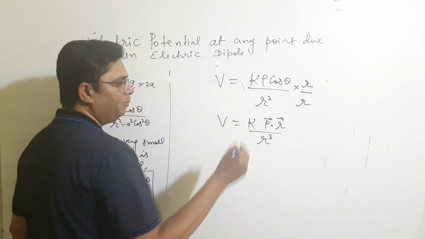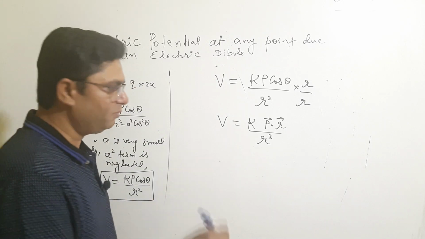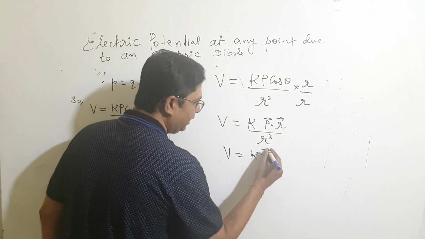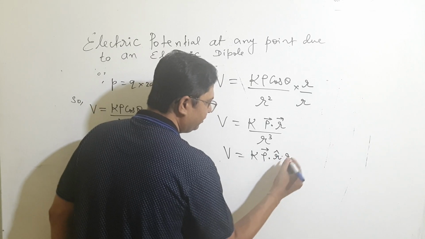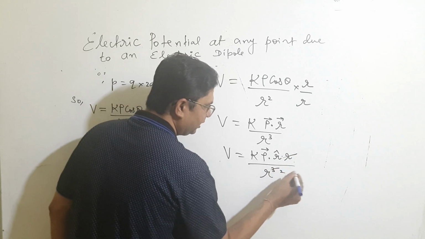This is the vector form, in position vector form. If you want it in unit vector form, then further you write V equals K P dot R cap into R vector divided by R cube. Cancel this, it is R square.